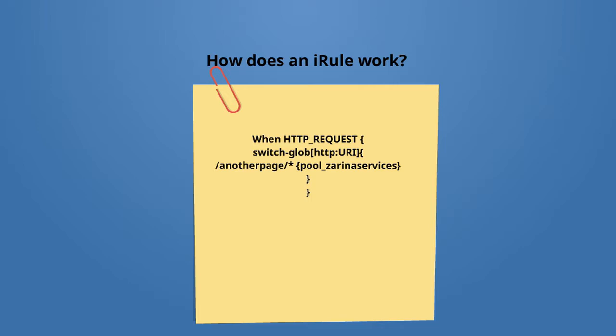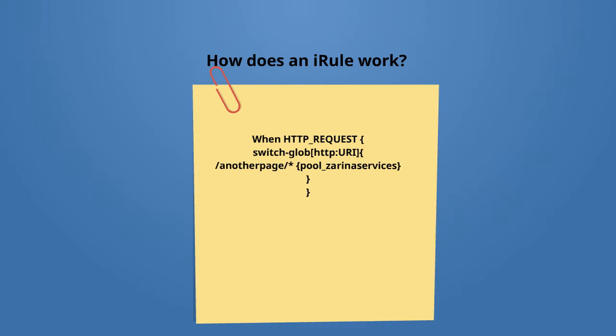So when the client goes and hits VIP /service 1, or in this case another page, that would be passed through this bracket. When that gets passed through the bracket, it will then be matched against a pool. So another page here is mapped against pool_Zarina services.